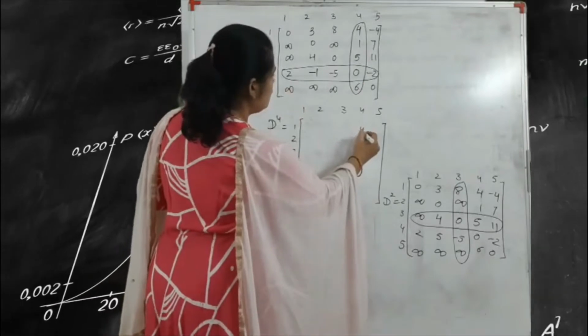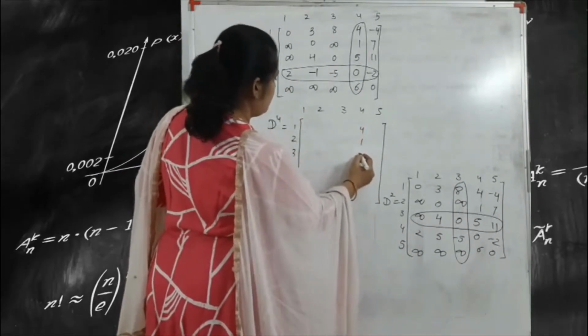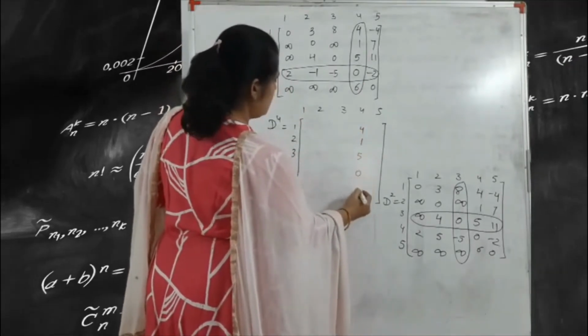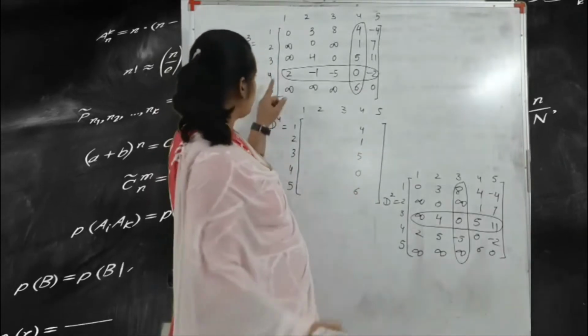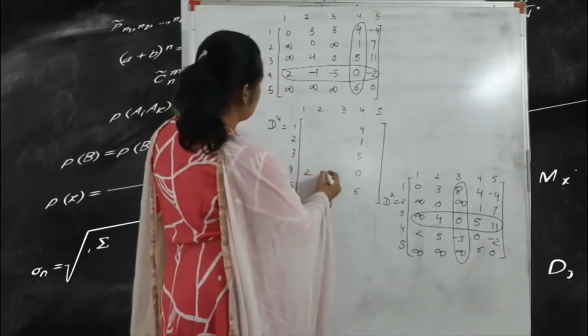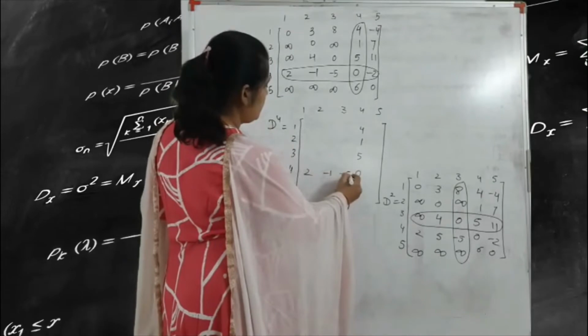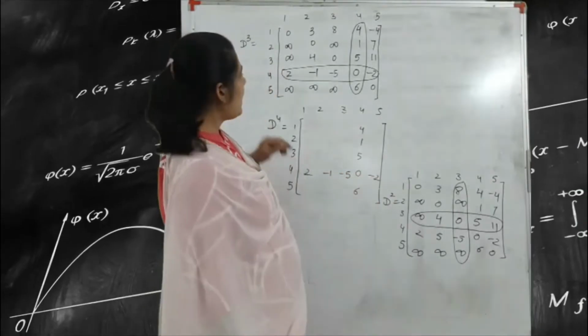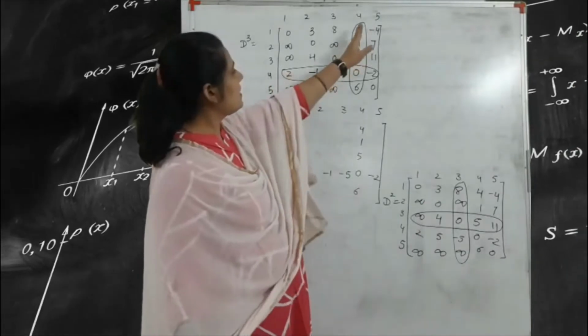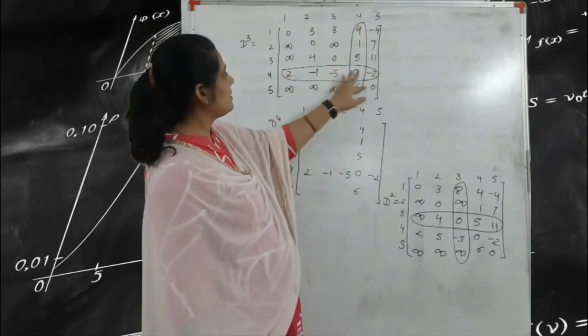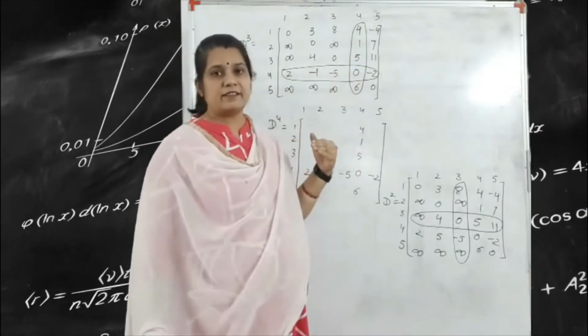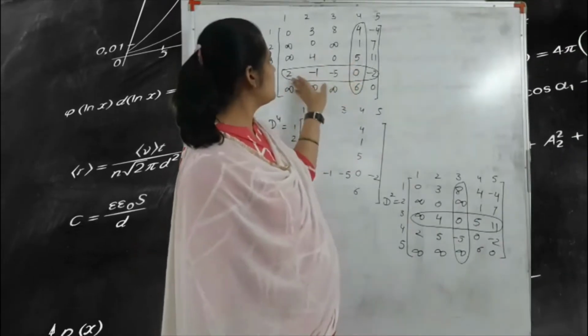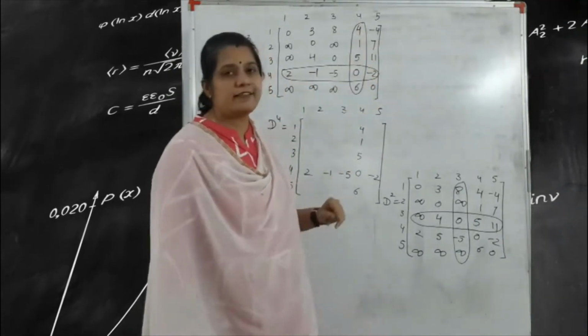So the column values are 4, 1, 5, 0, 6, and the fourth row is 2, minus 1, minus 5, 0 and minus 2. After that you see here that infinite is not present in the highlighted row and highlighted column.